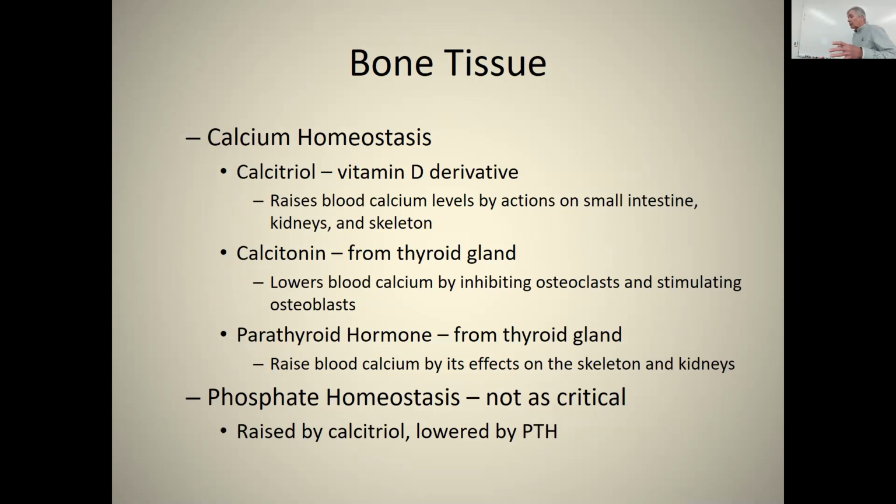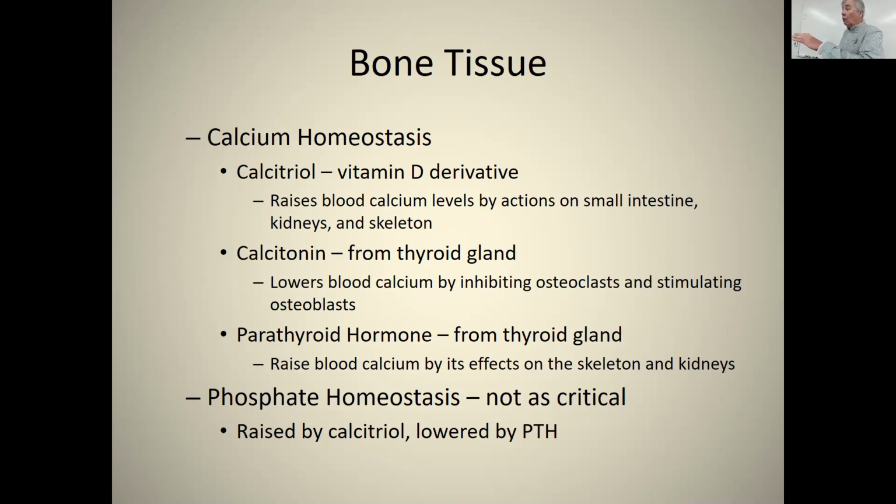So, as I said, calcium homeostasis is run by hormones. Calcitriol, a vitamin D derivative, raises blood calcium by actions on the small intestine, kidneys, and skeleton. Actually, you cannot really take in too much calcium because you need vitamin D to absorb it from the small intestine, and you can limit how much you gain from the small intestine, limit how much you excrete in the kidneys, and how much you take from the skeleton.